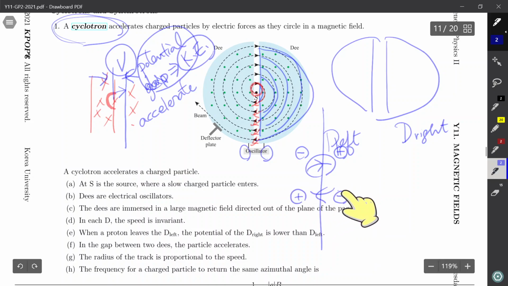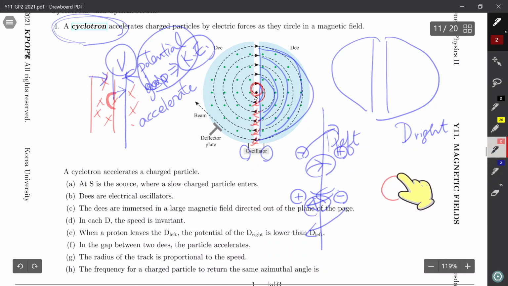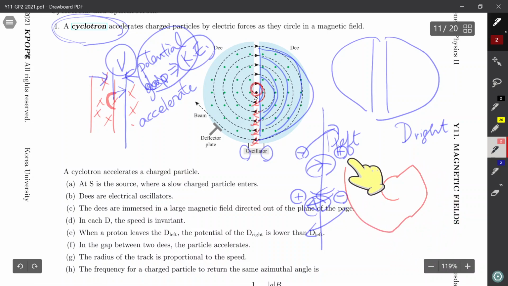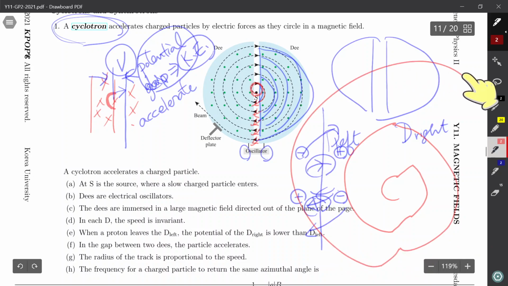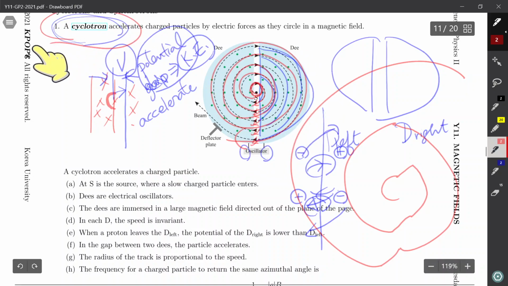Then the electron, for example, accelerates. The radius increases. In such a manner, circle, radius increased, circle, radius increased. This kind of spiral acceleration is the cyclotron.